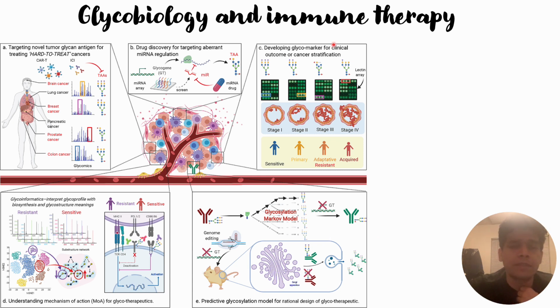In this case, the studies are carried out ex vivo, whereas here the studies are carried out in vivo. In vivo validations are always better than ex vivo validations, as in vivo experimental conditions are close to the actual conditions. So I hope you got an idea how glycobiology can be used to develop these immune therapies.